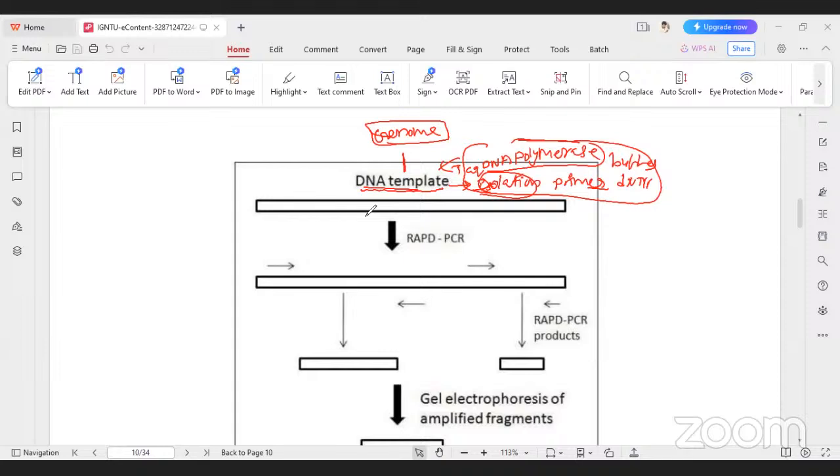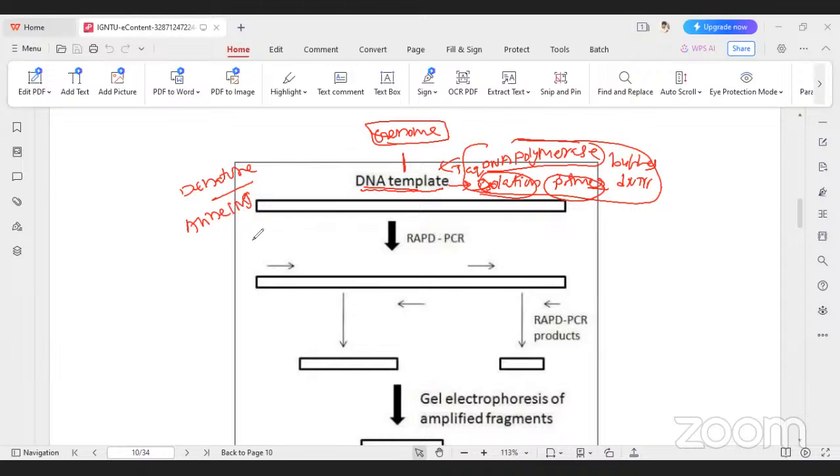And it is kept in a thermocycler. What happens when you add this? Automatically, it shows the PCR mechanism also. What are the principal steps of the PCR mechanism? First of all, the DNA template is denatured, separated. After denaturation, annealing. During annealing, the primers attach at the 3-hydroxy end.